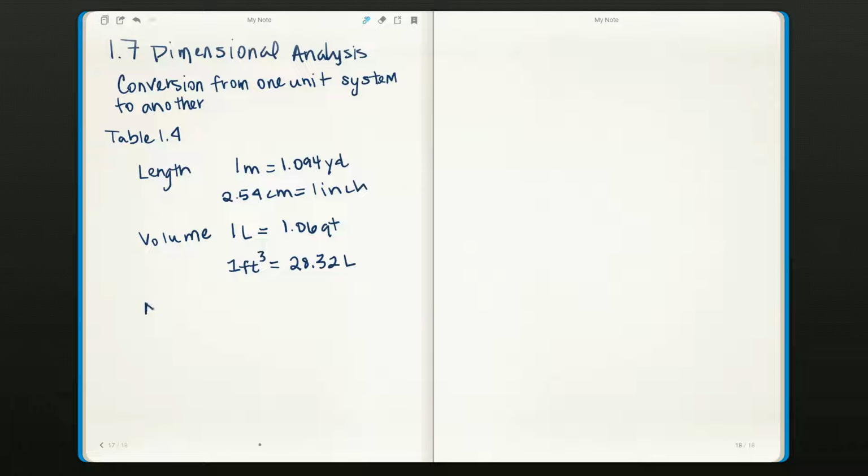Okay, and then a couple of different conversions for mass. 1 kilogram equals 2.205 pounds, and 453.6 grams equals 1 pound. Okay, so these are just some examples of going from US to metric.